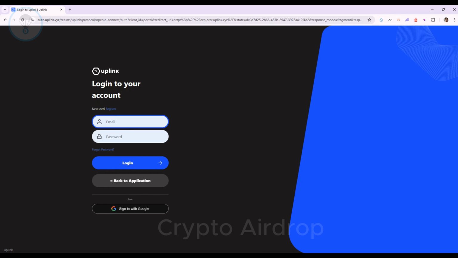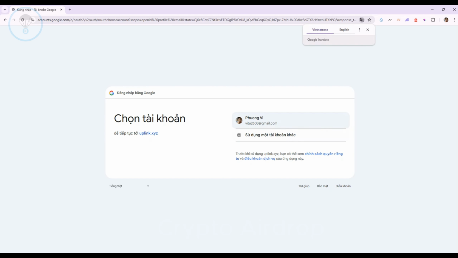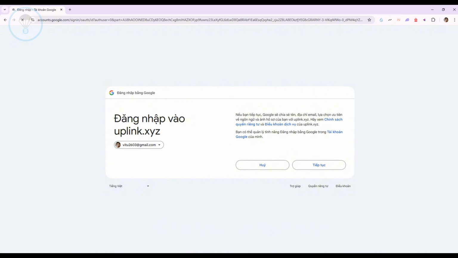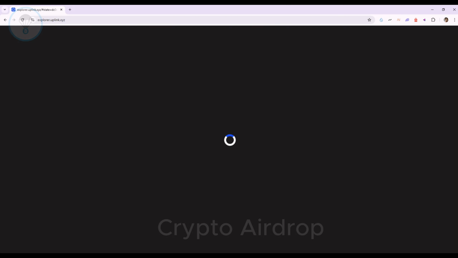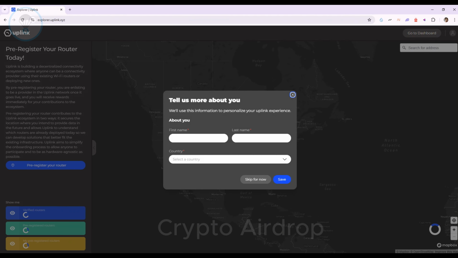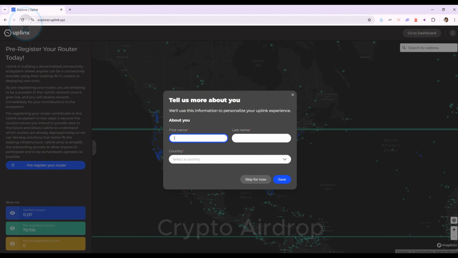Register on the platform using your Gmail. Then, select Pre-register your router. Step 2.